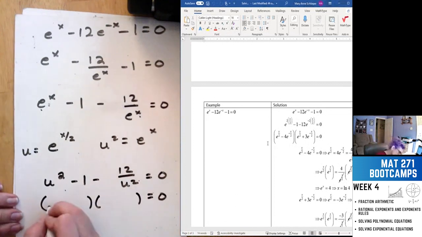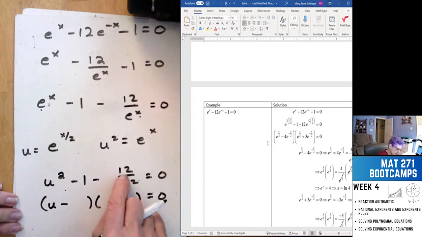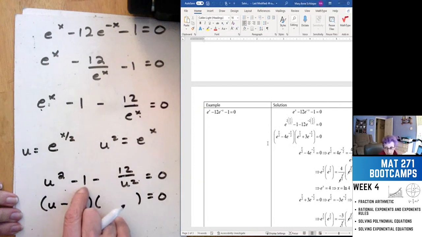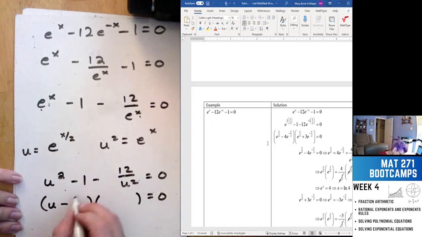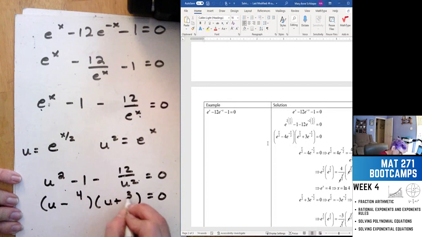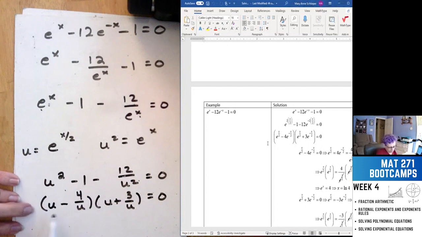This I can factor as u minus, I need two numbers whose product is negative 12, whose sum is negative 1, just like I've always done. So this would be minus 4 and plus 3. And if I put a u on the bottom, when I do first times first, I get my u squared.